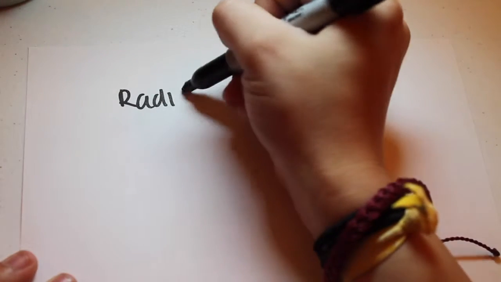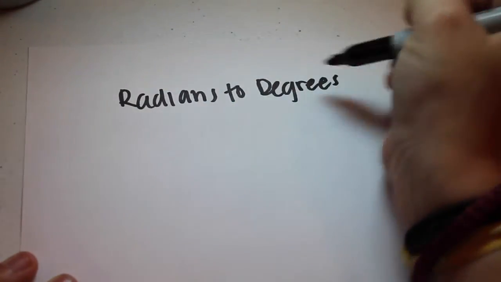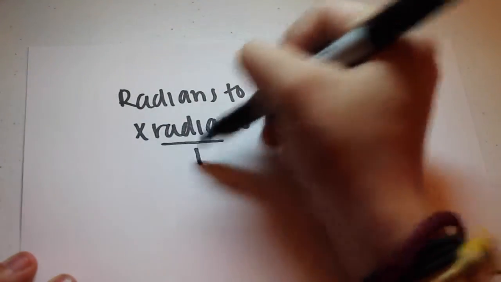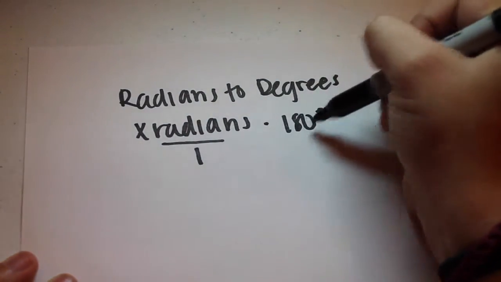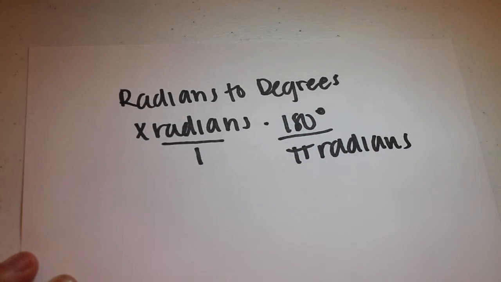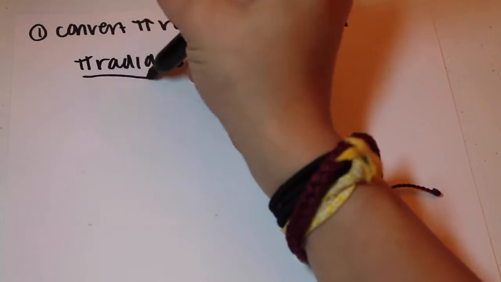When converting radians to degrees, we must use the following formula: X radians over 1 times 180 degrees over pi radians. Let's convert pi radians to degrees. First, plug in your value to the equation.